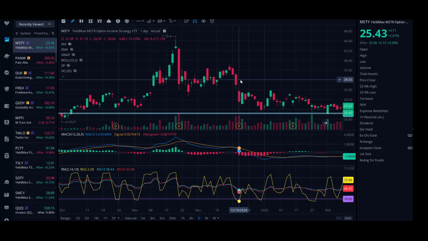And so the actual says, okay, it closed here at roughly $33.52, and then it opened here at $31.58, and then fell all the way down here and closed at $28.66.